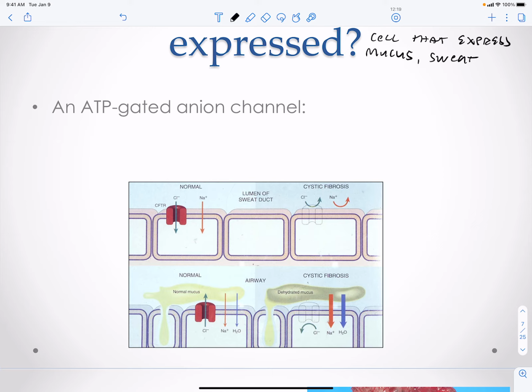When you present with disease, usually your symptoms are exacerbated in certain areas. If your lungs are affected, that's obviously going to affect your breathing. That's going to present much more rapidly than your salty skin, which will have effects as well, but it's really the breathing that's going to make you seek medical attention.